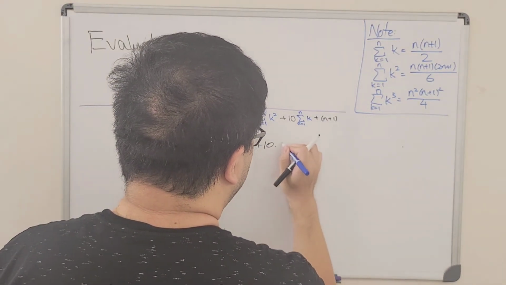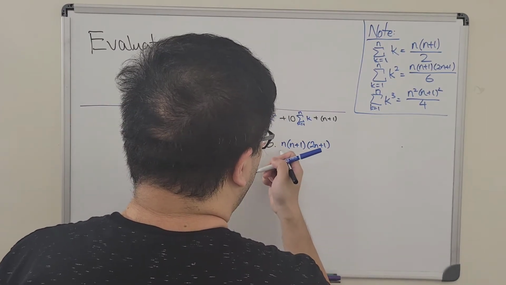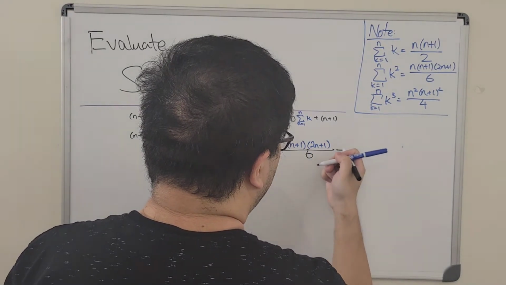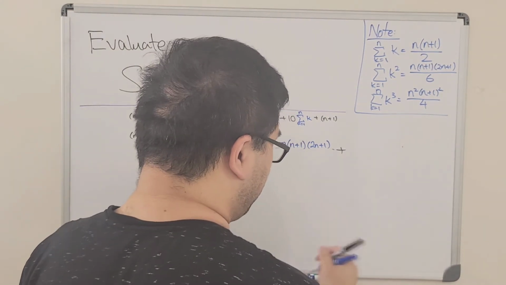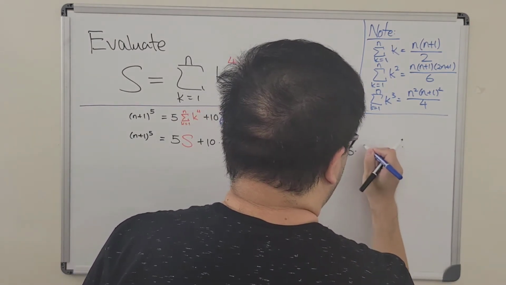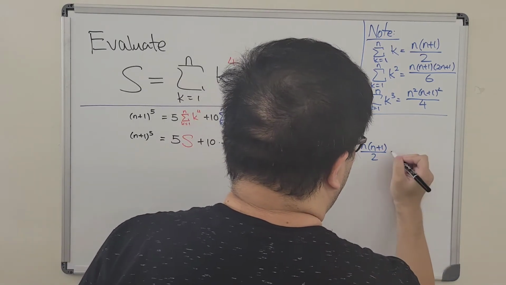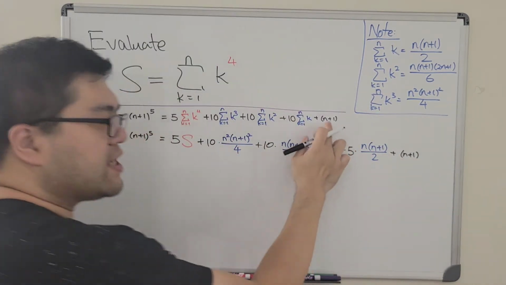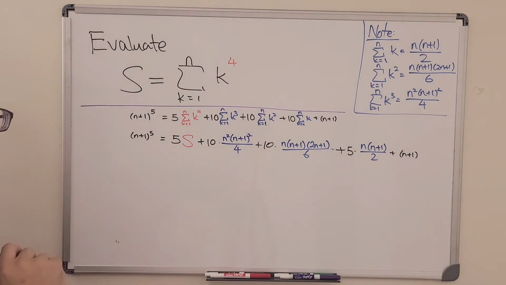We get 10 times n plus 1 times 2n plus 1 all over 6. And then for the next term, we'll just get 5 times n times n plus 1 all over 2, plus n plus 1. Don't forget the very last term. Then we can just manipulate it with algebra.